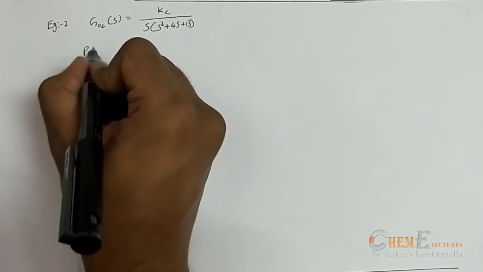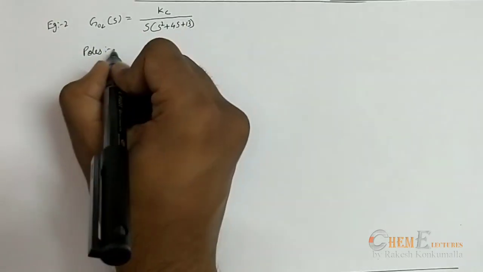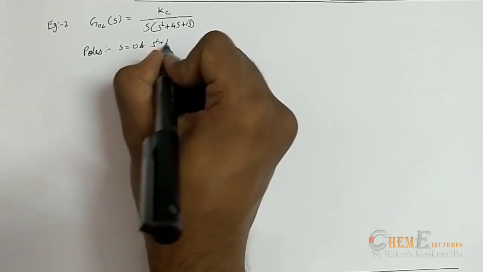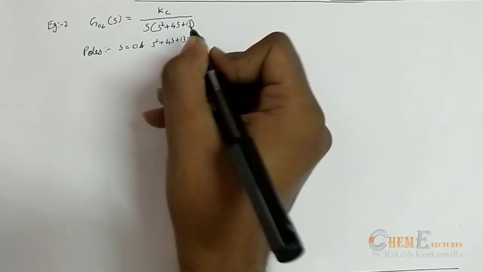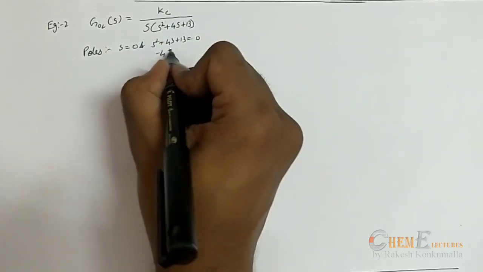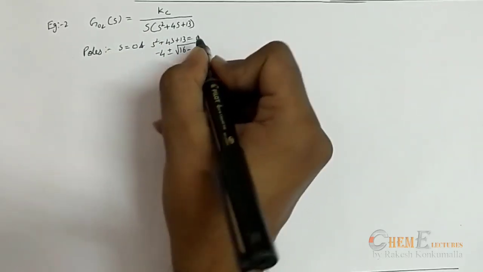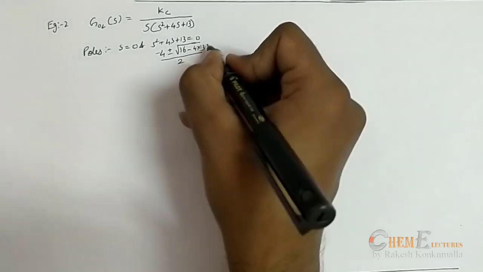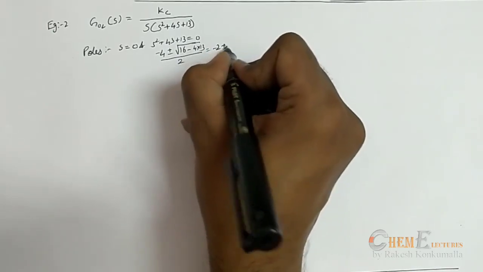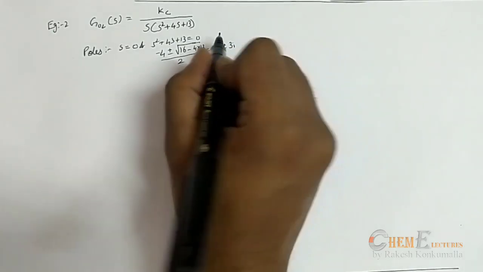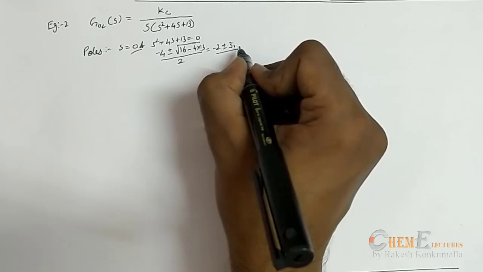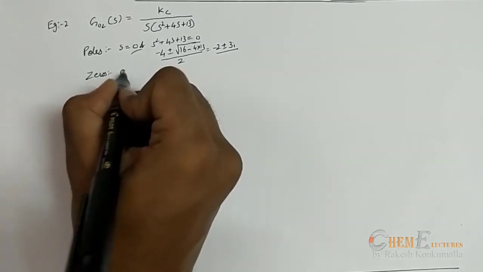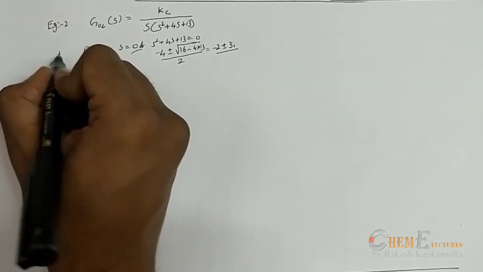Then my poles will be s equal to 0 and s squared plus 4s plus 13 equal to 0, which means minus 4 plus or minus root of (b squared 16 minus 4ac, 4 into 13), divided by 2a, which will be minus 2 plus or minus 3i. These are my poles: 0, minus 2 plus 3i and minus 2 minus 3i. My zeros are nil here, and I completed my first step.